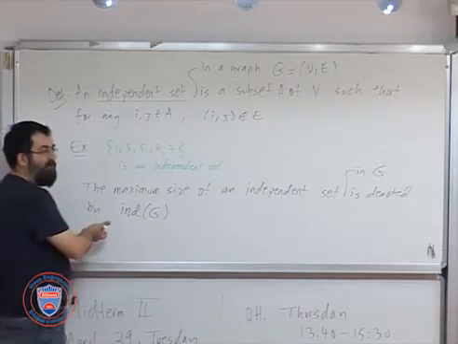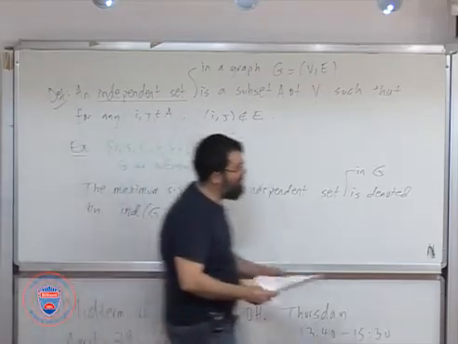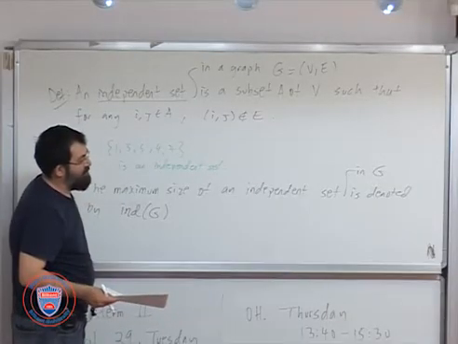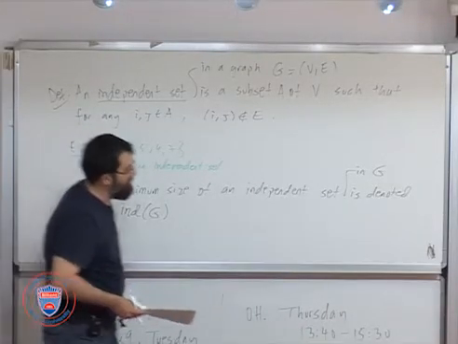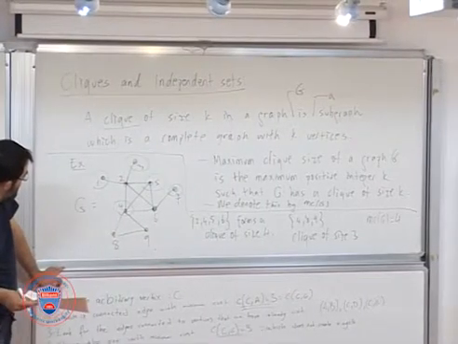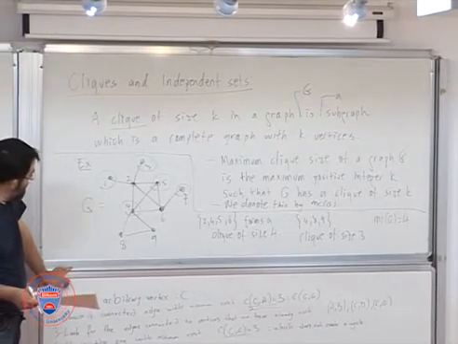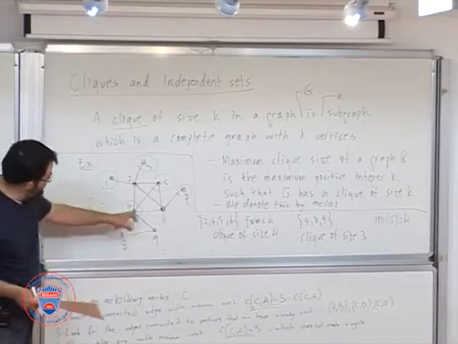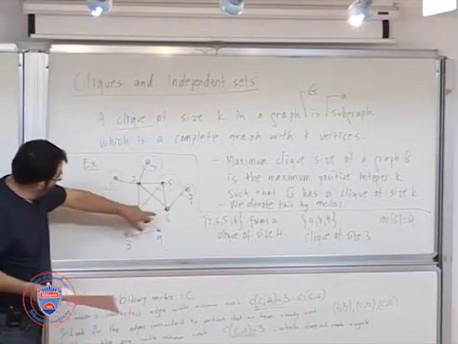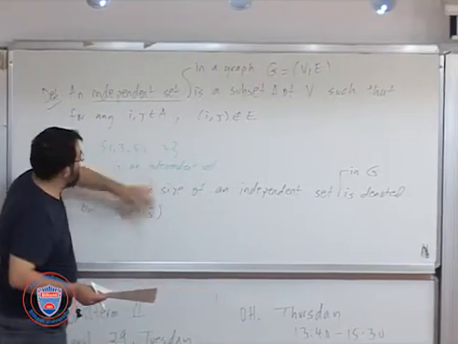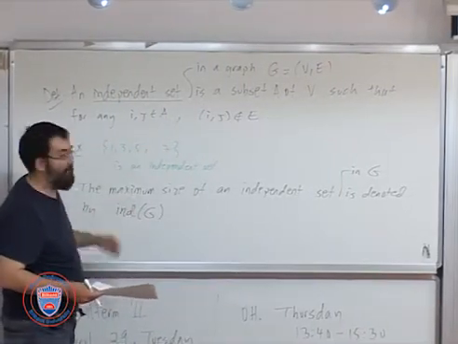So this is an integer that, for any graph, you can calculate by checking how big an independent set you can find. For example, here, probably 5 is the biggest, but it's hard to find 6, I think. Out of these 3, you have to choose 1. Out of this, oh, this is not independent. You should have warned me. 4 and 5 are connected, so you can't choose both.